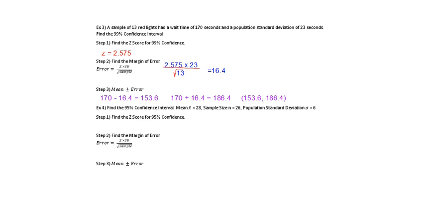Next is example 4. Find the 95% confidence interval. So once again, we need a z-score for 95%. And for that, I already know z is going to equal 1.96. Now we're going to use our formula. So it's going to be 1.96 times the standard deviation, which is 6, divided by the square root of 26.